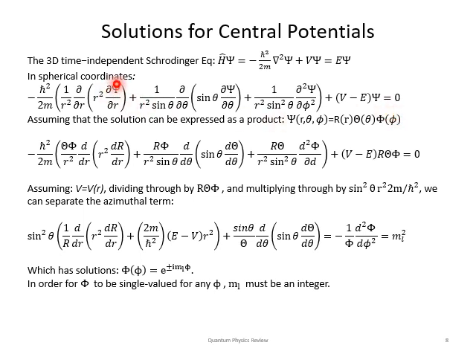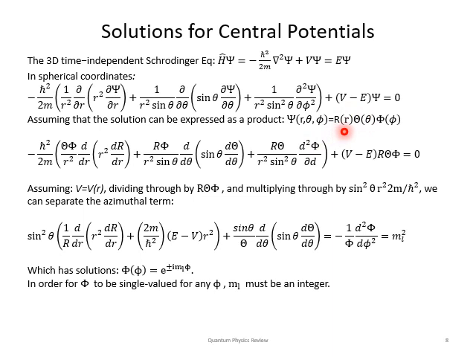and psi is our wave function, and r is the distance from the origin. Theta is the angle measured with respect to the z-axis, and phi is the azimuthal angle. We assume that the solution to this particular problem can be expressed as a product solution.